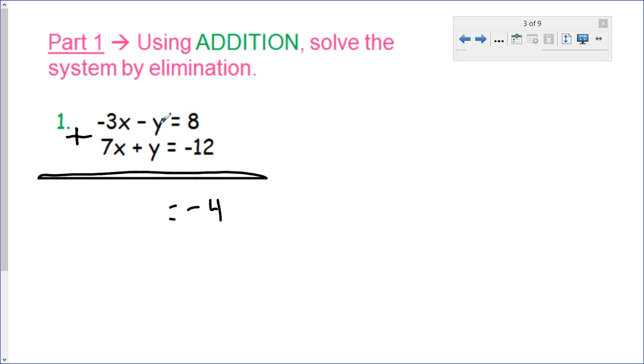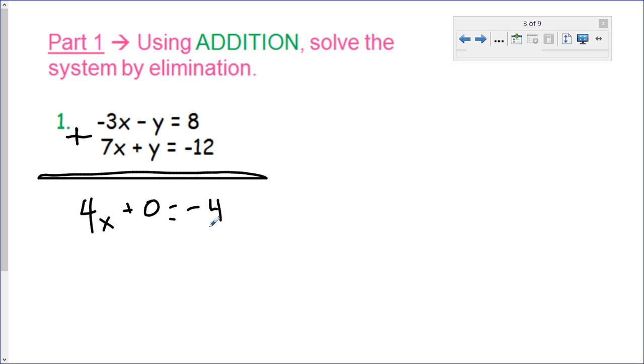Then I've got a negative y and a positive y, and I want to combine those. That makes 0. And then I've got a negative 3x and a positive 7x. That makes 4x. So my new equation says 4x plus 0 equals negative 4.